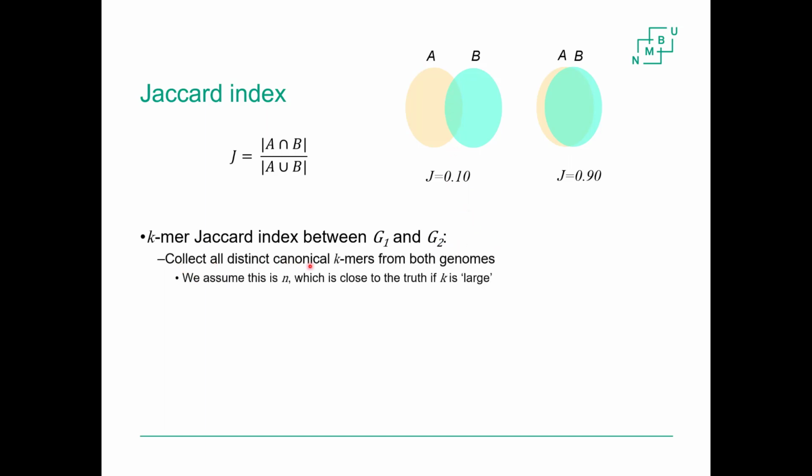So collect all the distinct canonical k-mers from both genomes, and we assume this is n, right? Because if k is large, and this is also something we saw in module 3, if you have a rather long k-mer, it's very unlikely that you see it twice, at least in a random genome.